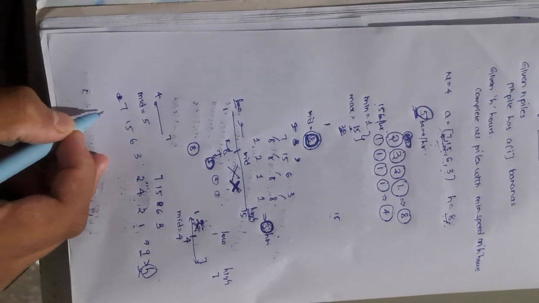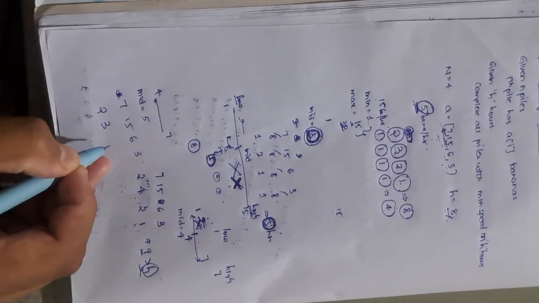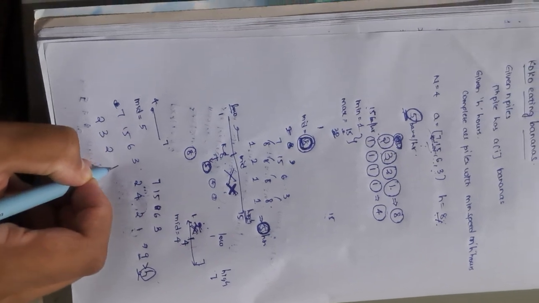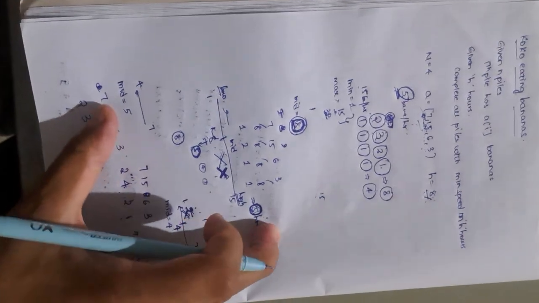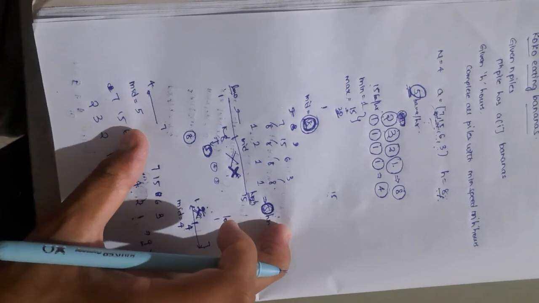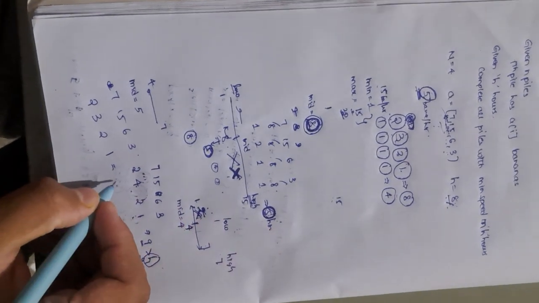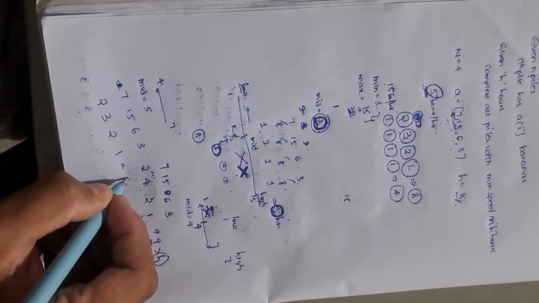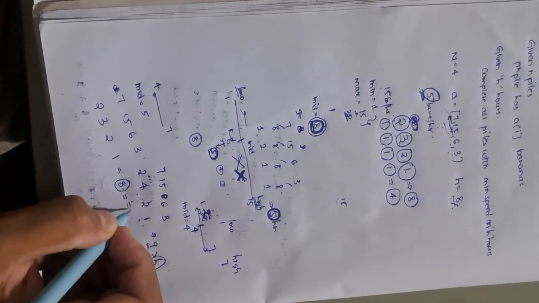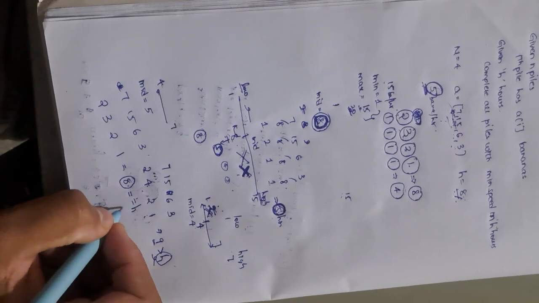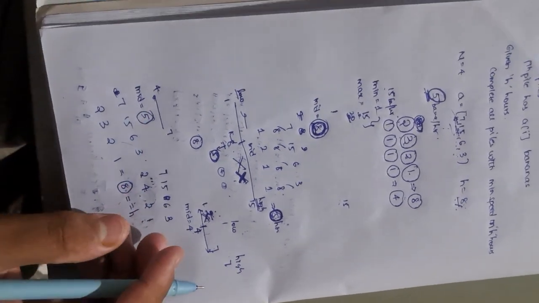When we calculate for this, we get 2, 3, 2 and 1. It takes 2 hours to complete this. It takes 3 hours, it takes 2 hours, and it takes 1 hour. So in total it will be completed in 8 hours. Our h is 8. So we can take this as our possible answer.